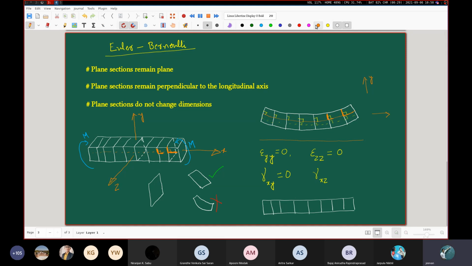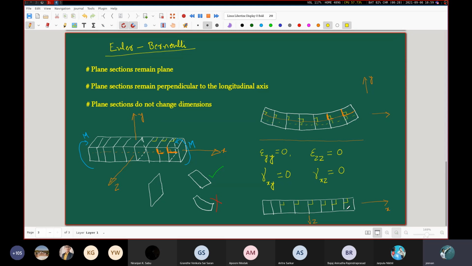Please understand that this is X and this is Z. You see that this angle initially was 90 degrees. All these angles were 90 degrees. This continued to remain 90 degrees. So within the purview of our simplifying assumptions, our immediate conclusion is that gamma xz is also 0.